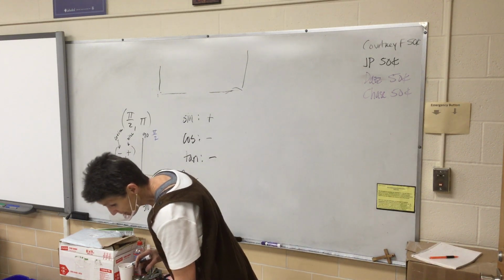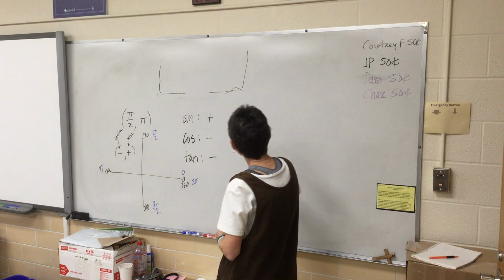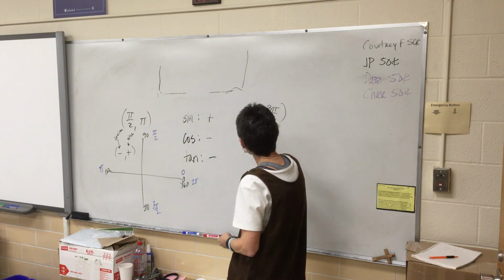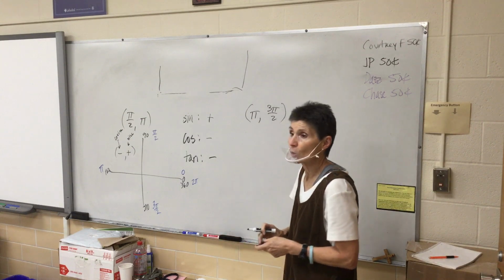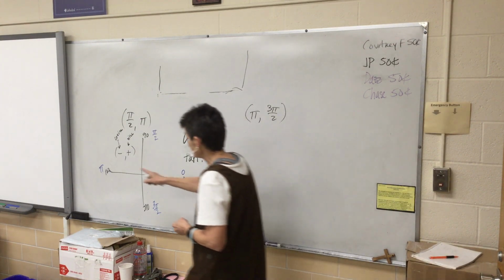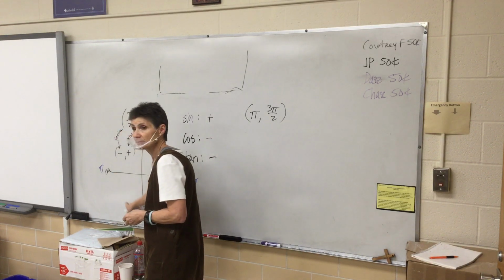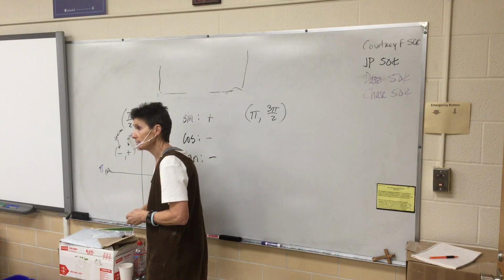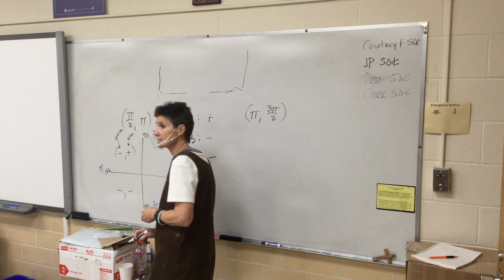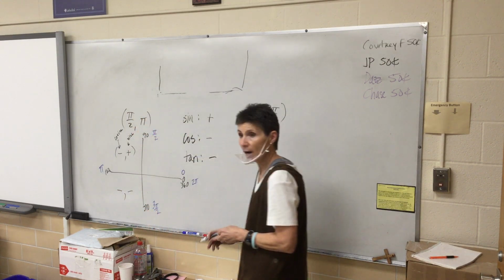So when I look at the next one, it says pi to 3 pi over 2. All right, well, which quadrant are we looking at then if we're pi to 3 pi over 2? Down here? Quadrant 3? And in quadrant 3, every point is negative x, negative y.